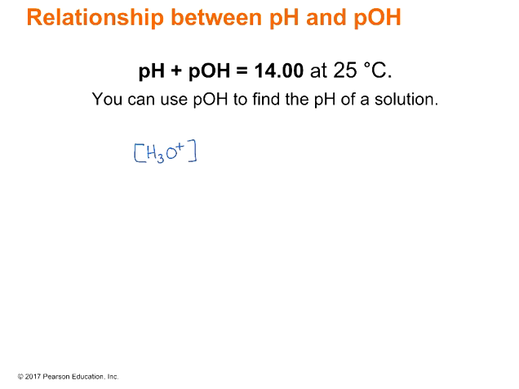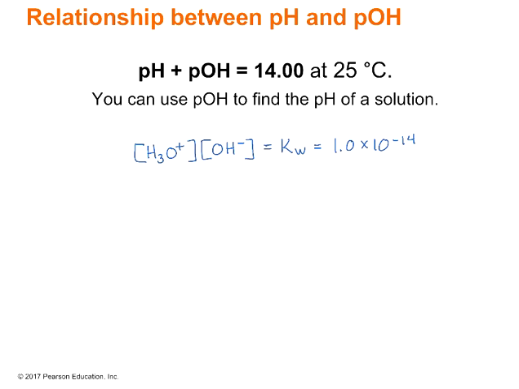Okay, so we have the concentration of hydronium ions, and if we multiply that by the concentration of hydroxide ions, we said that that was equal to the ion product of water, Kw, and that's equal to 1 times 10 to the negative 14th.